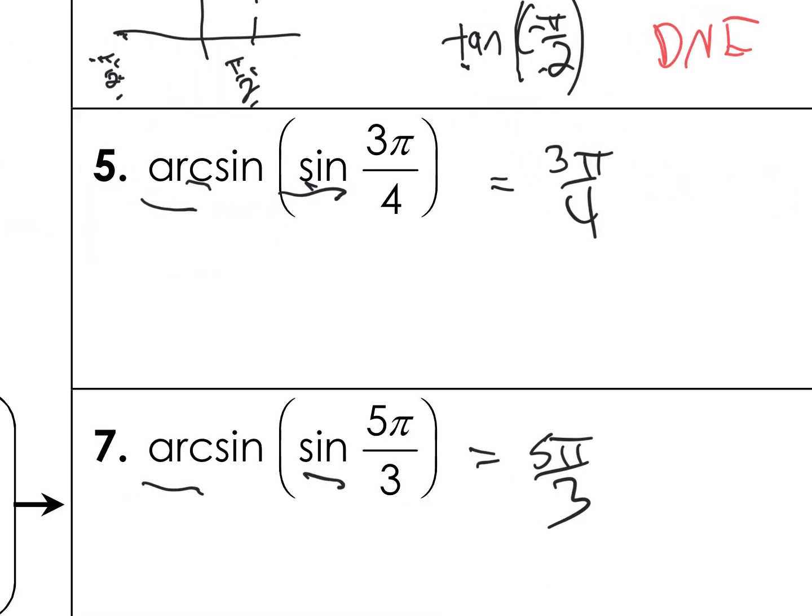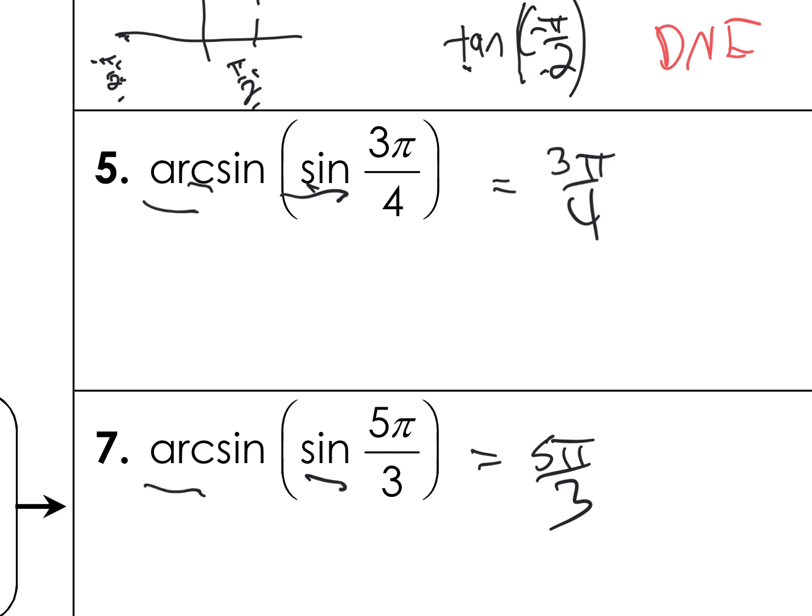How about this one? Were you paying attention? The inside says sine of 3 pi over 4. 3 pi over 4 is 135 degrees.